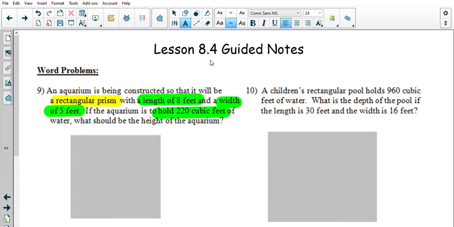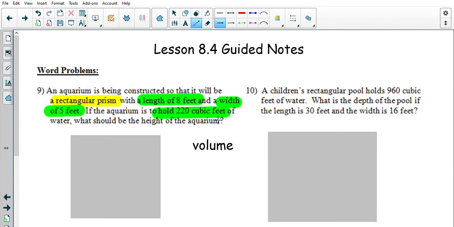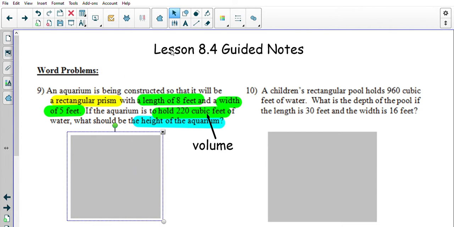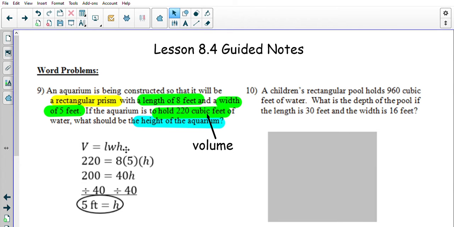That tells us, by the way, that the 220 cubic feet is going to represent our volume because it's the amount of water the aquarium will hold, plus the label is in cubic feet, which indicates volume. What we're trying to find here is the height of the aquarium. Since this aquarium happens to be a rectangular prism, we're going to use the volume formula for a rectangular prism, which is length times width times height.